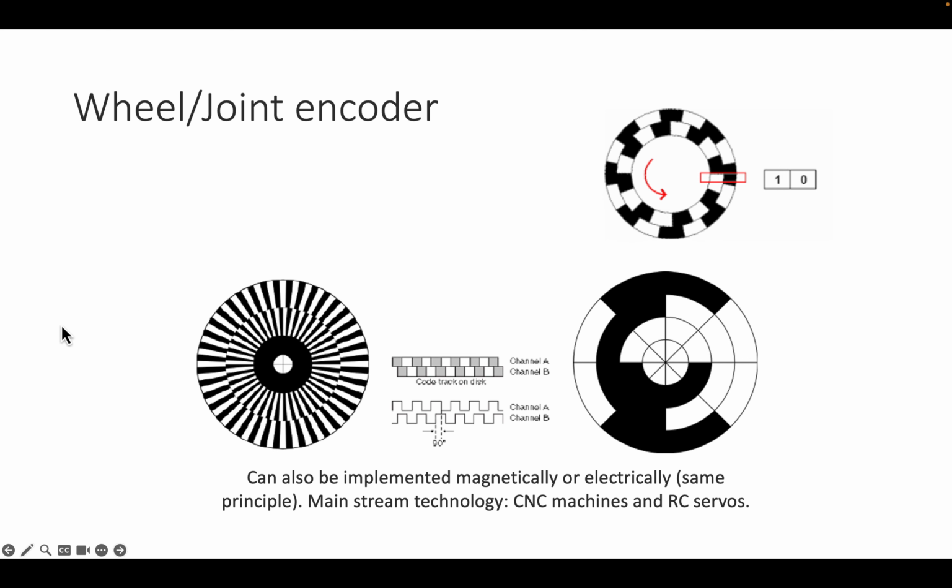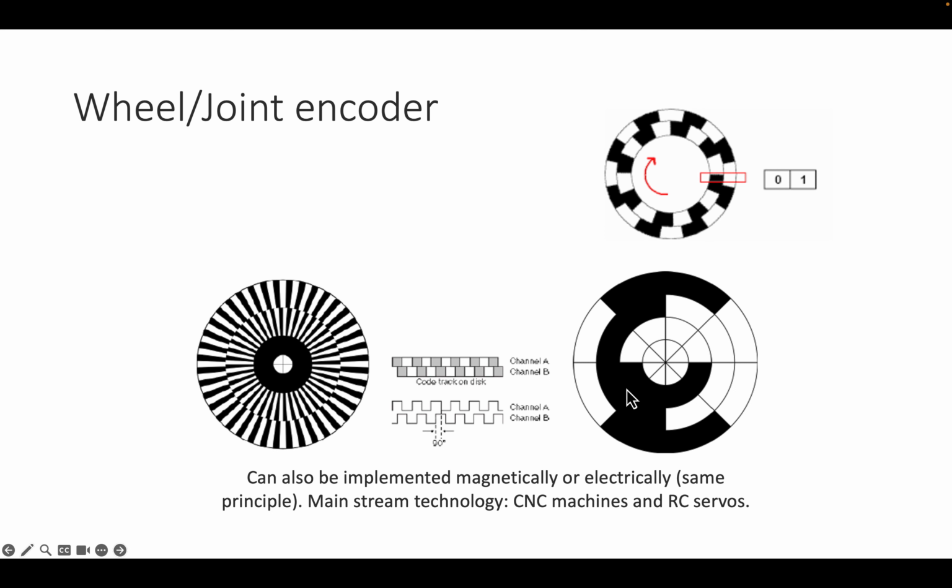Now, if I also want to know not only the number of ticks but the direction, I can use two discs that are slightly interleaved, and now I can see a code like this using two sensors. And from that I can tell whether the outer disc comes first or the inner disc comes first, and that tells me the direction. It is also possible to get absolute encoding.